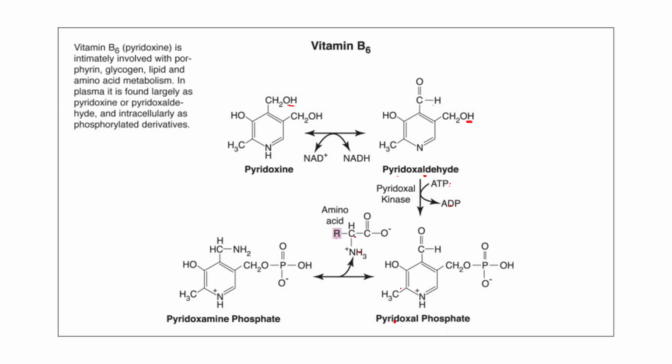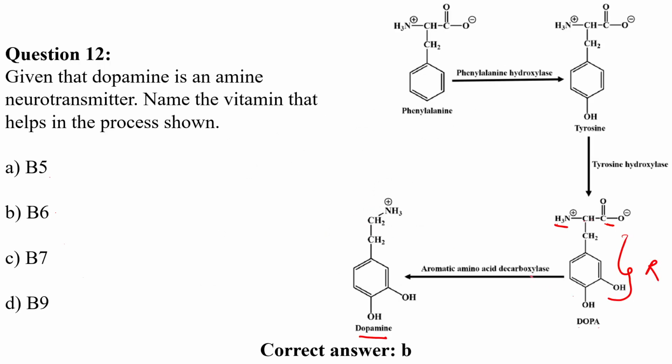So when pyridoxal phosphate reacts with this, it basically makes a complex where it takes up the amino group along with it and becomes pyridoxamine phosphate. Okay, pyridoxamine phosphate, and in the further reaction it can actually help in decarboxylation of this product.